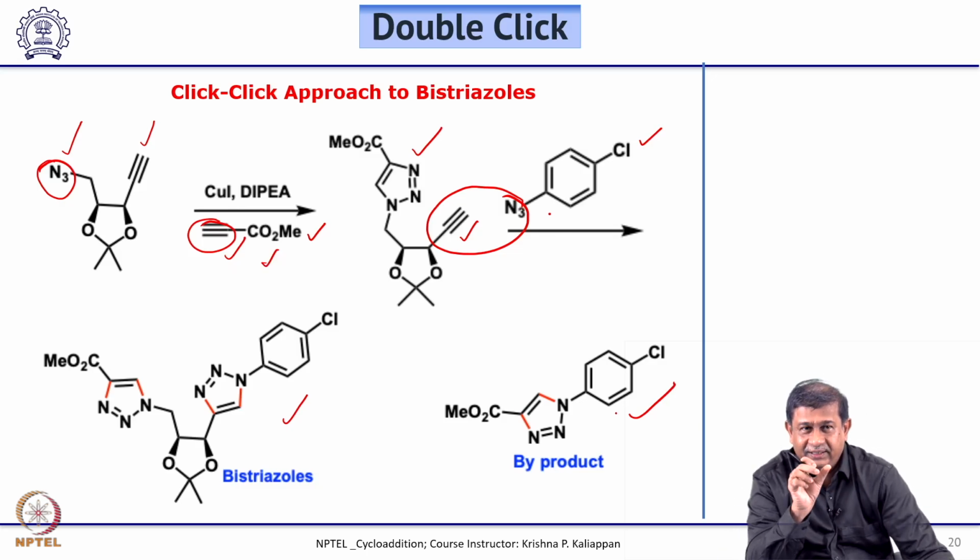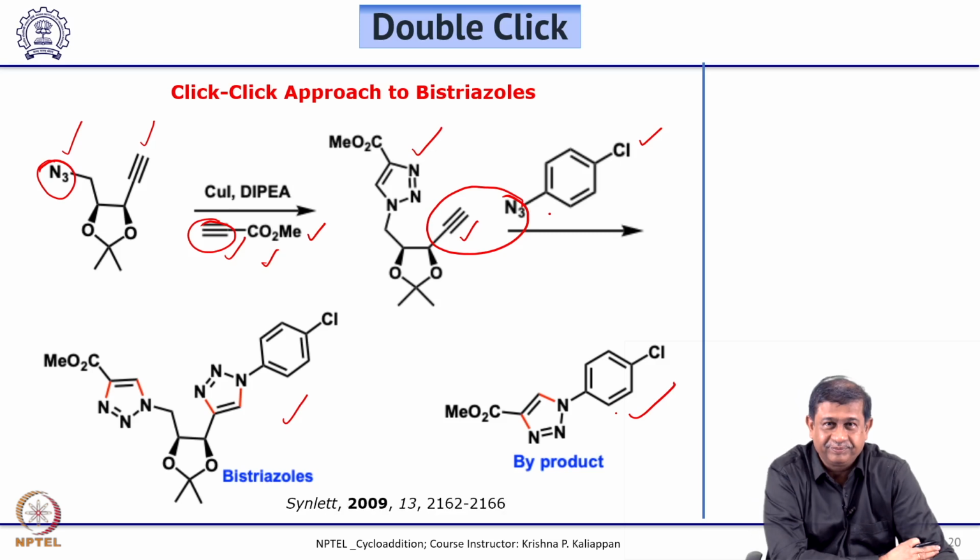So what is key is in this particular reaction you have an azide and the triple bond in the same substrate, but by doing the click chemistry, by adding sequentially first a triple bond followed by an azide, one can do two click chemistry in one pot.